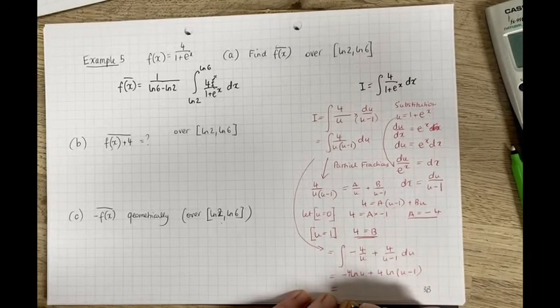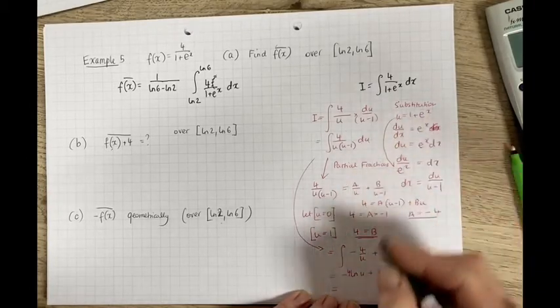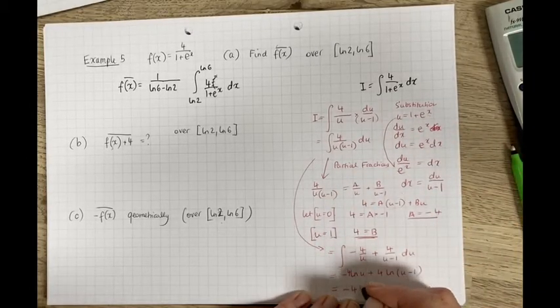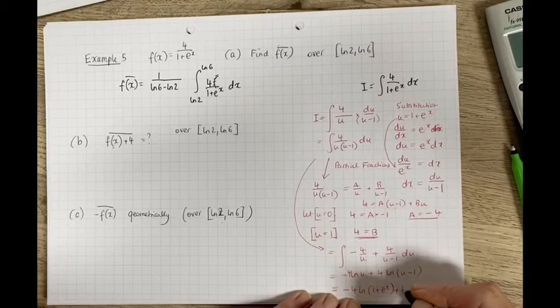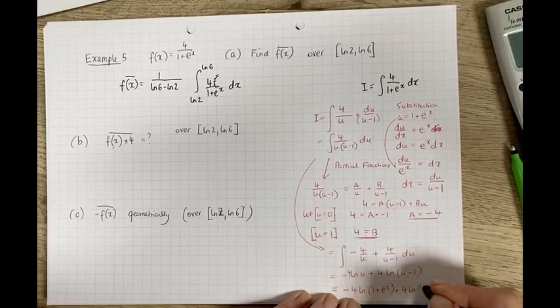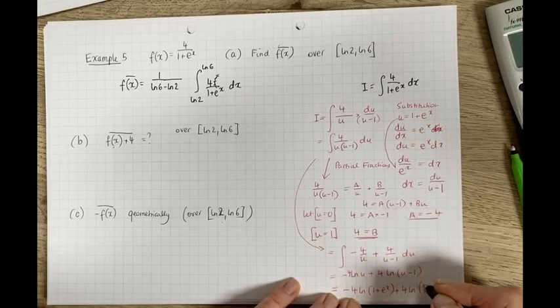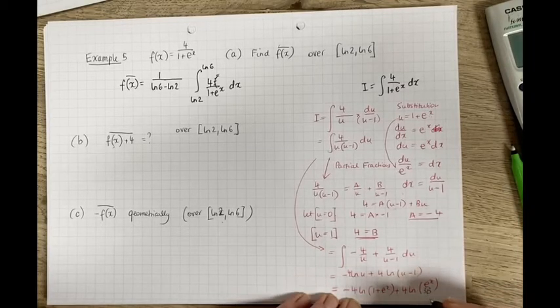Let's go back to our x's. So minus 4 ln of 1 plus e^x plus 4 ln of e^x, which is x.